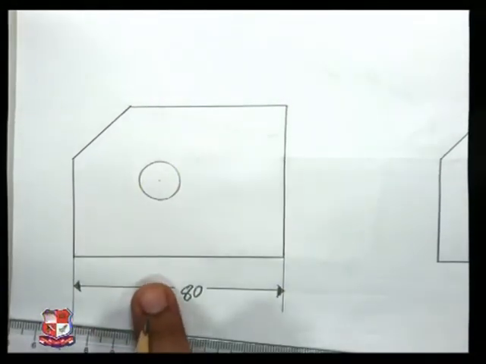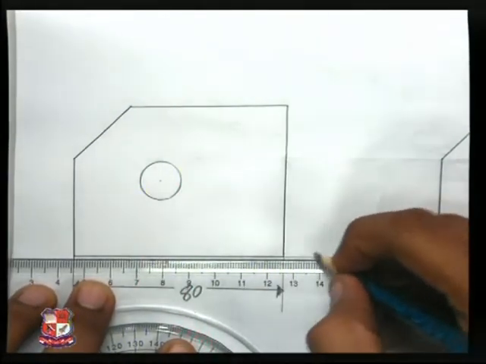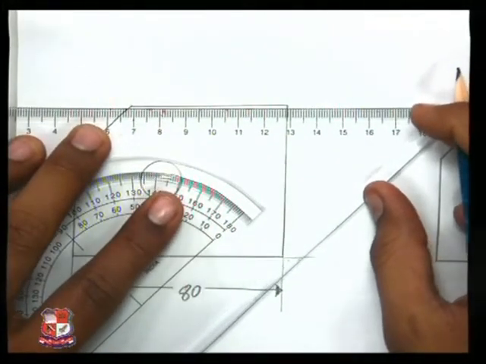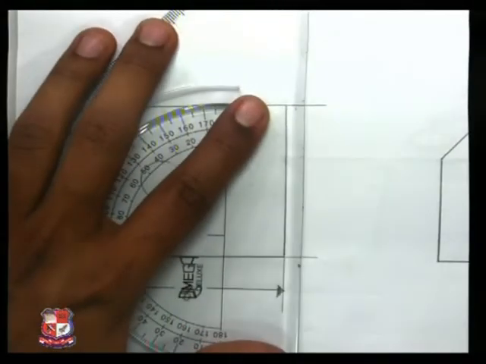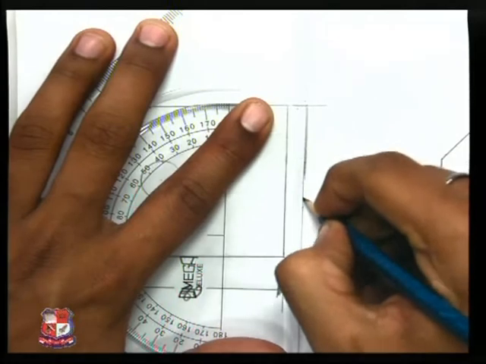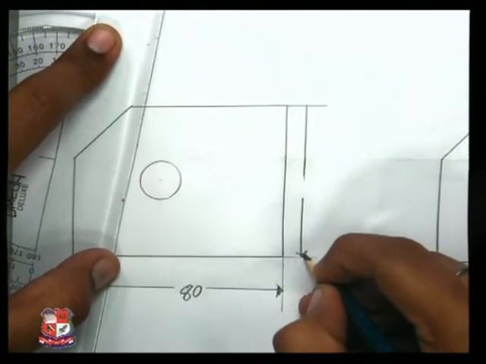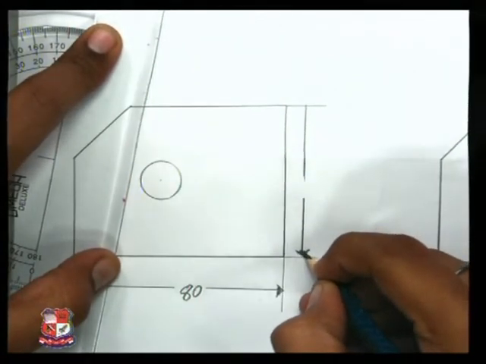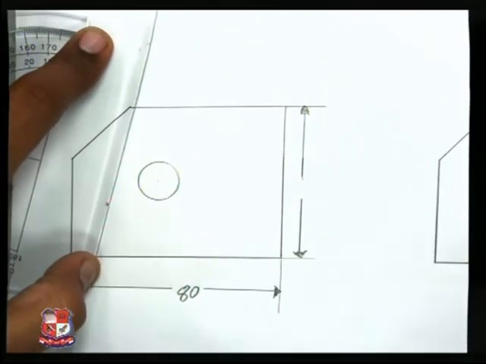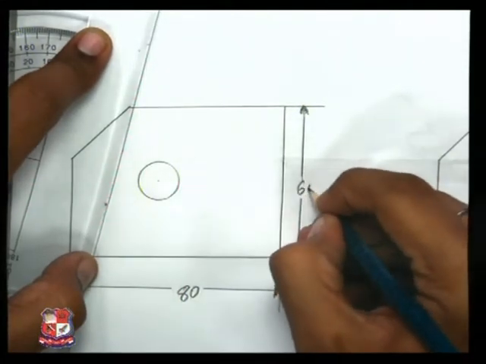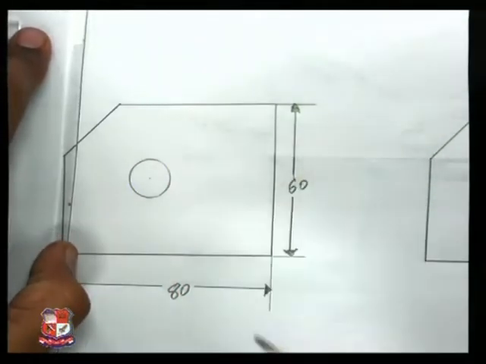This is horizontal dimension. Now let's see how we can give the vertical dimension. Again, two extension lines. Break in the dimension line. Closed filled arrow on both the sides. The dimension should be visible from the front side itself.